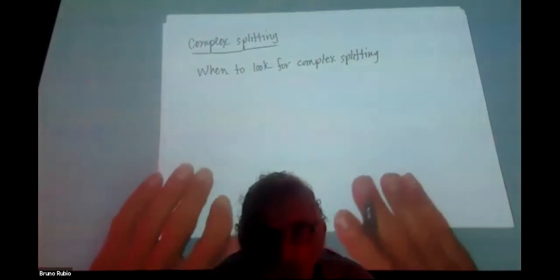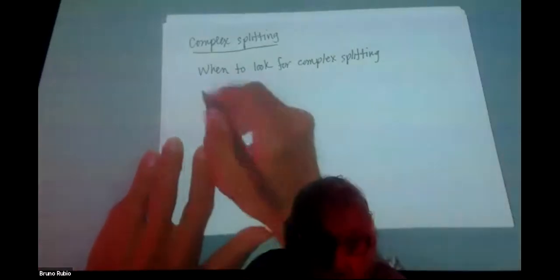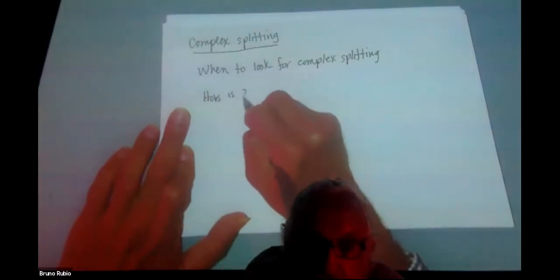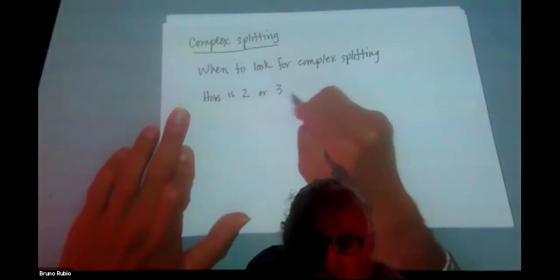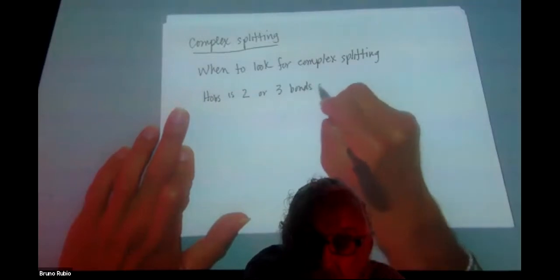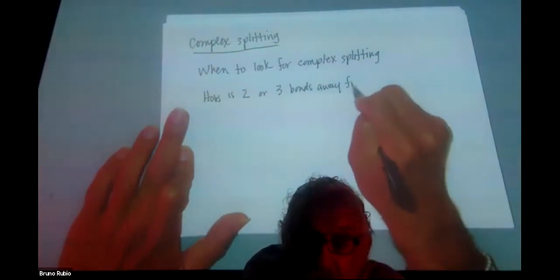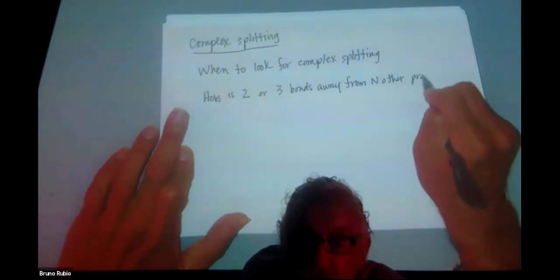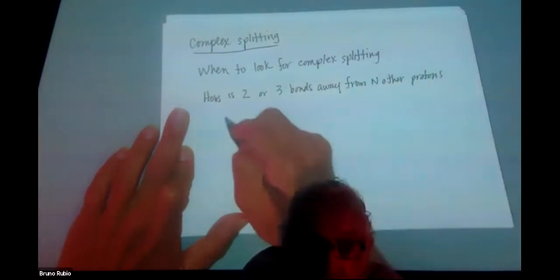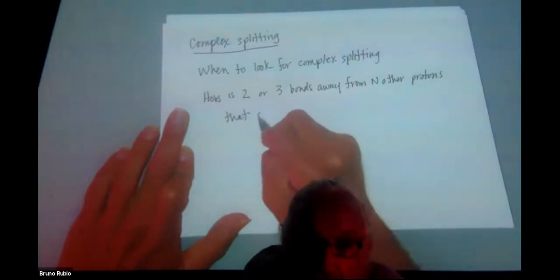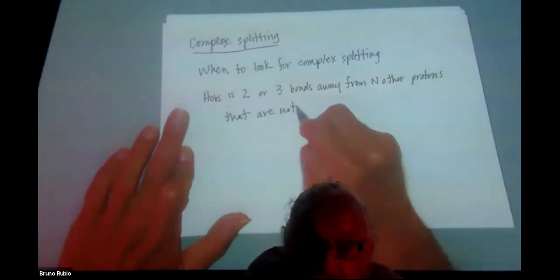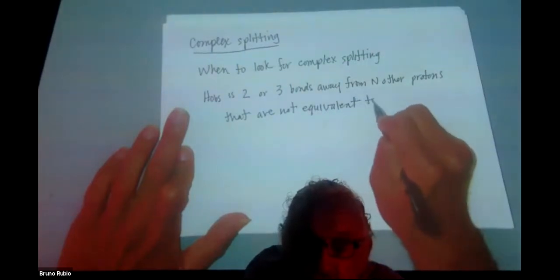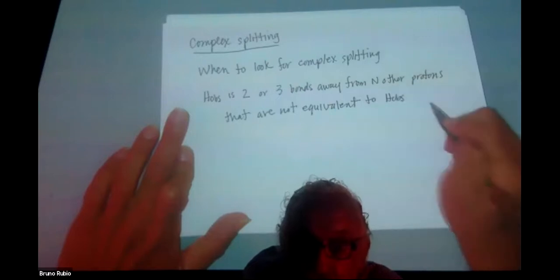Okay, in complex splitting, what we're going to look for is the observed proton is 2 or 3 bonds away from n other protons that are not equivalent to H observed.